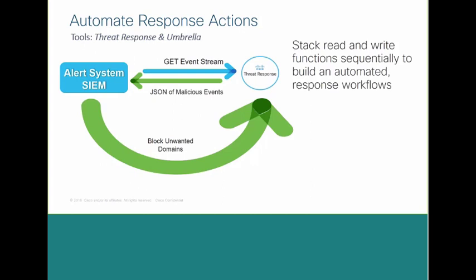We just can have this constant stream of domains being blocked via Umbrella, via Threat Response, based on attacks that have been seen. Now, obviously, you do not want to block every domain that's ever seen in the course of an attack, back to that pyramid of pain thing, but in certain cases where certain thresholds are met, you might want to do that automatically just as a baseline response so that that part is taken care of.